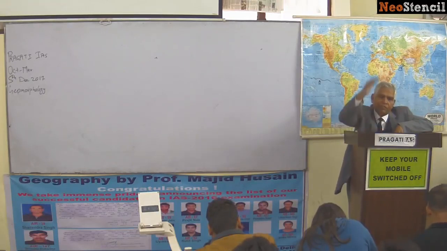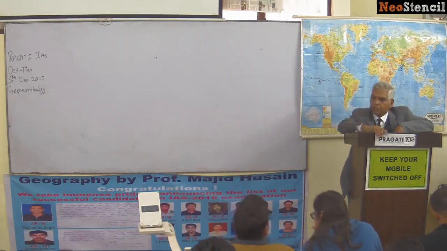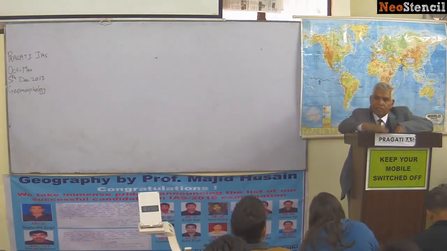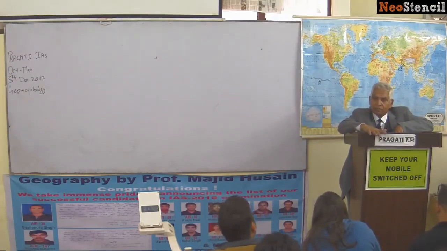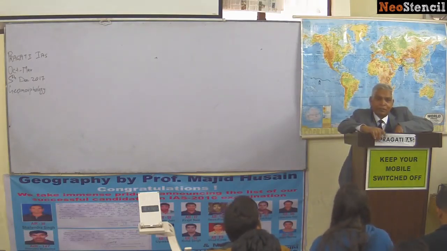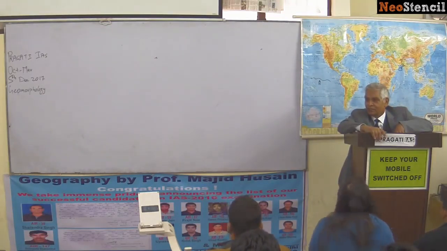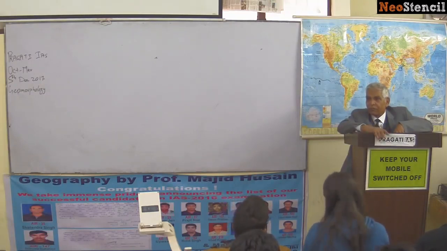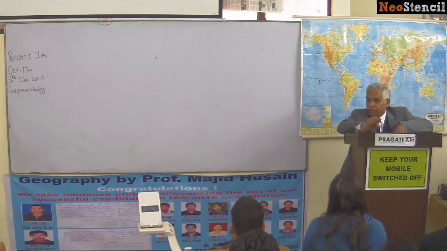He said upheaval is a short period activity. Himalayas are still rising. If you take 60 million years as a short period, then it is difficult to understand. So this is not acceptable to the geomorphologist.